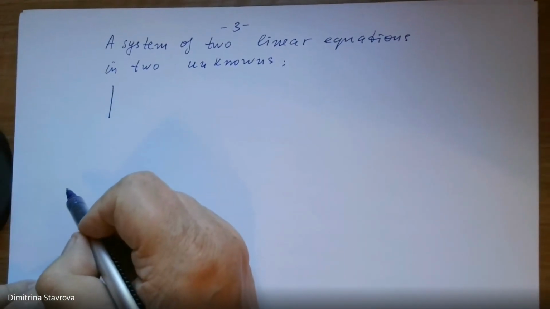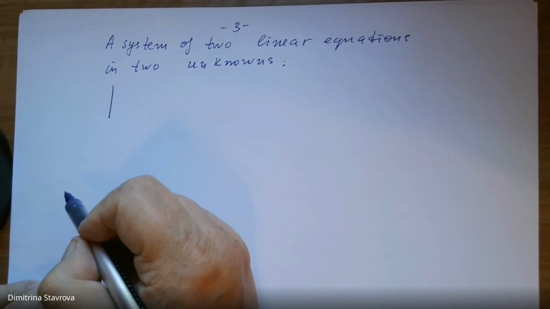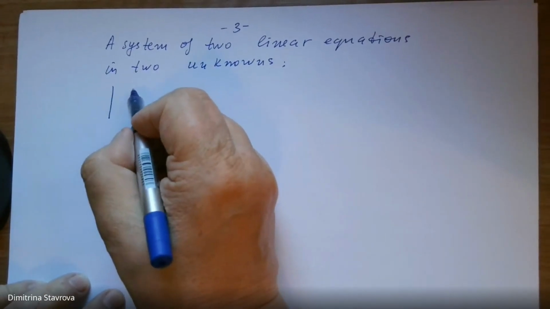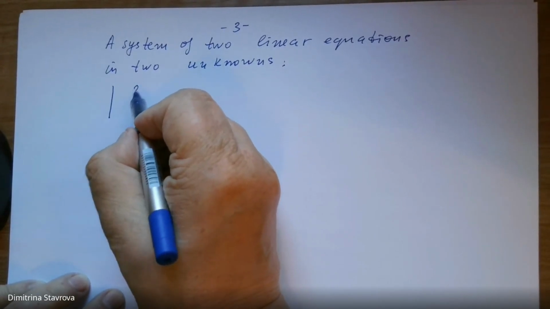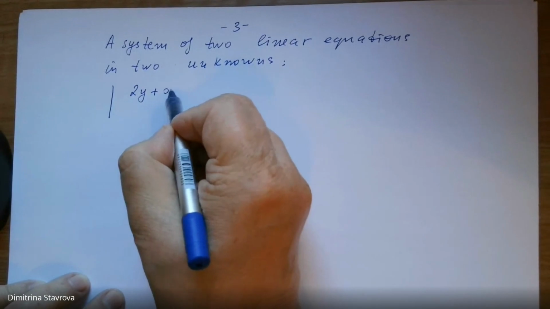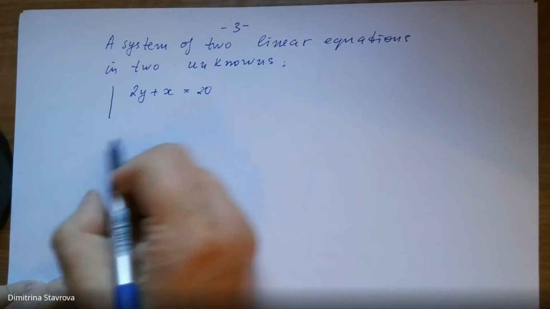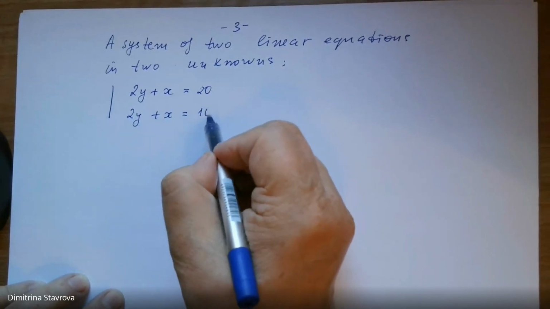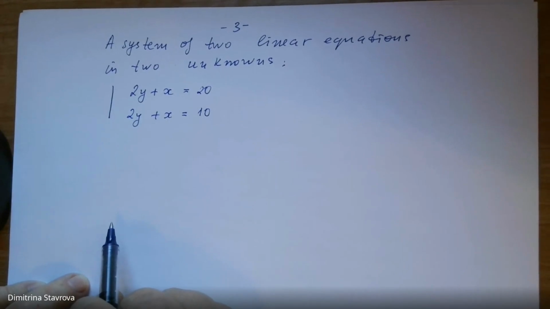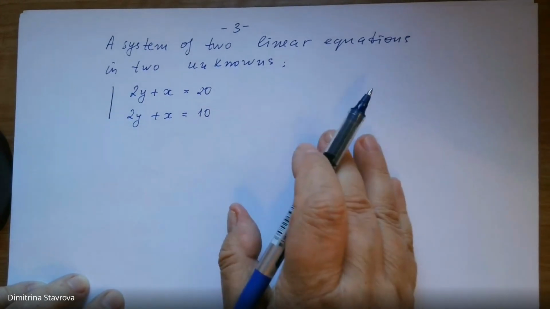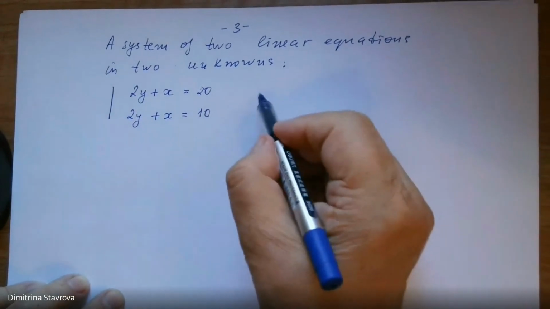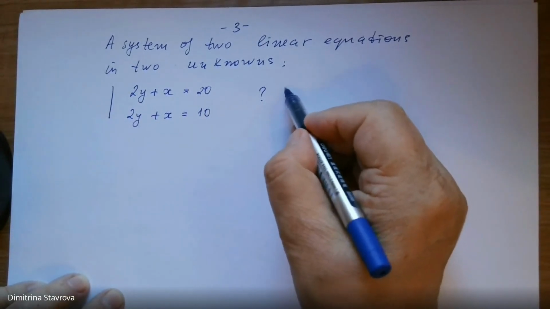But unfortunately, as usually in life, things like this happen. This is not always true. Let's look at the following system. 2y plus x equals 20 and 2y plus x equals 10. Can we find, is there a unique solution?